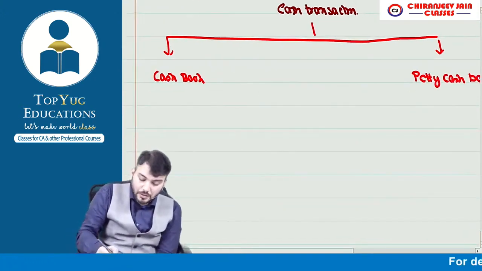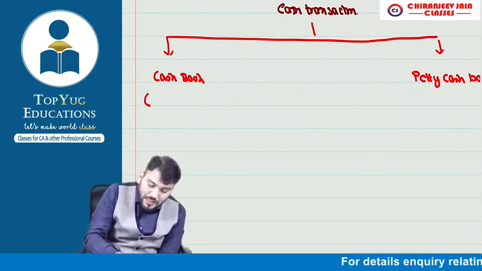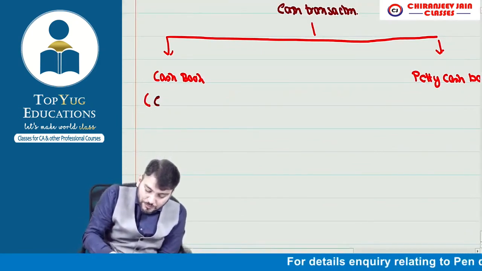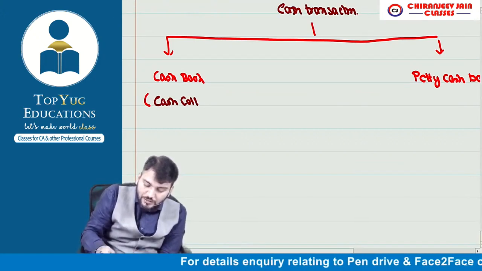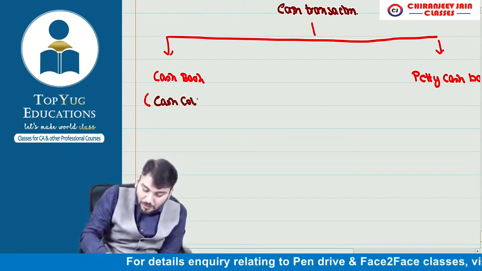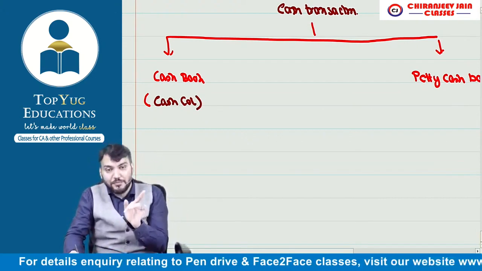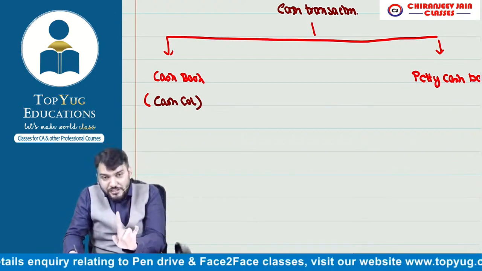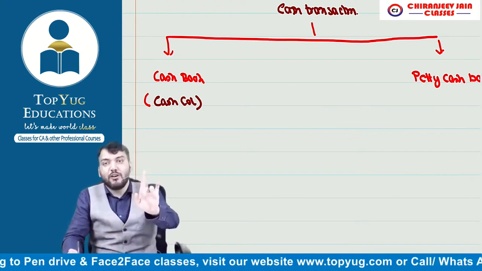Correct. Now when I am saying cash book, cash transaction, it means I am discussing only about the cash column. Means any small payment in checks will not be recorded in petty cash book. That will be recorded in the bank column in cash book.